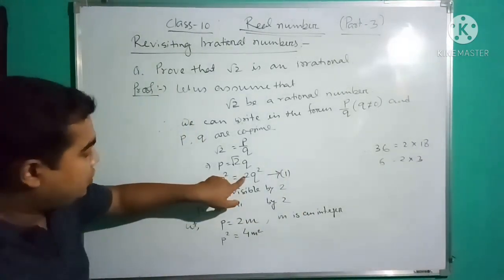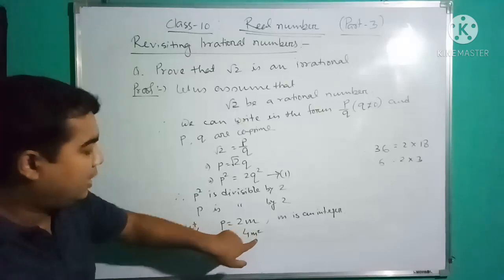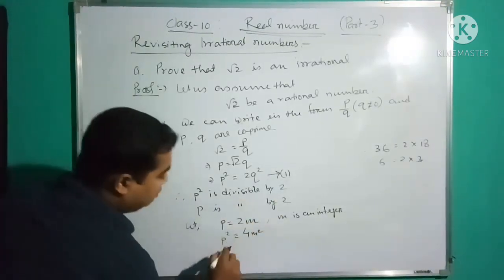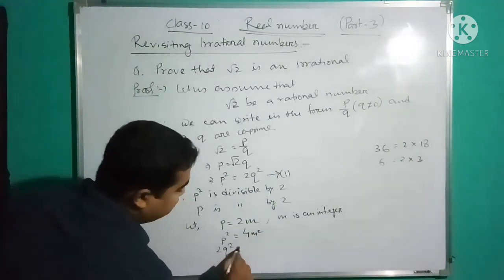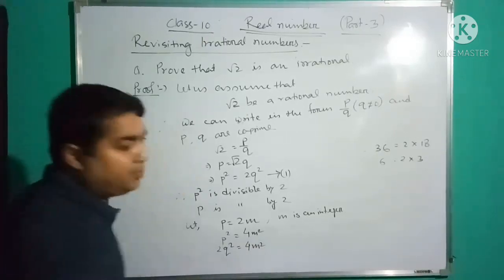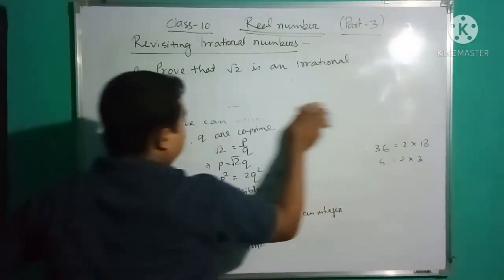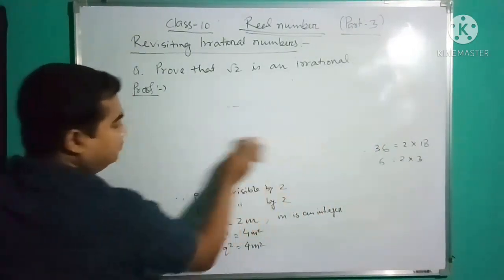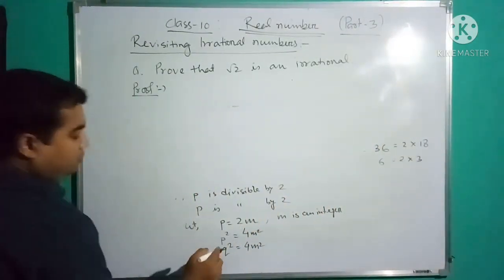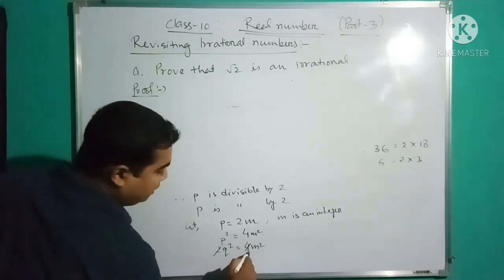Now p square equals 2 q square. Now p square equals 4 m square. So putting the value of p square, 2 q square equals 4 m square. Next line: cancel 2 from both sides.